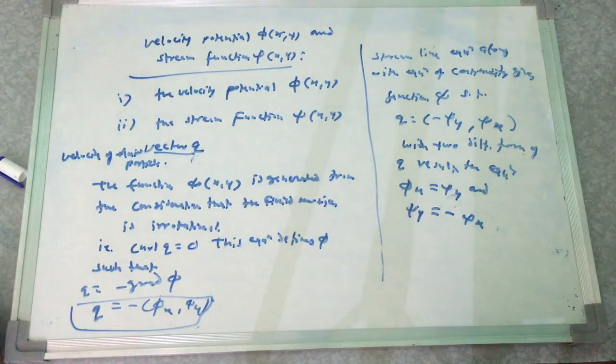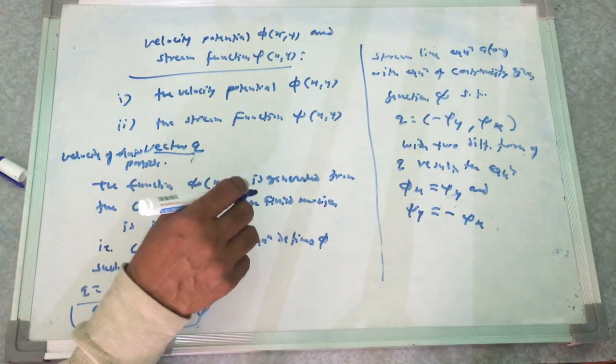These are nothing other than the Cauchy-Riemann equations for the analytic function.